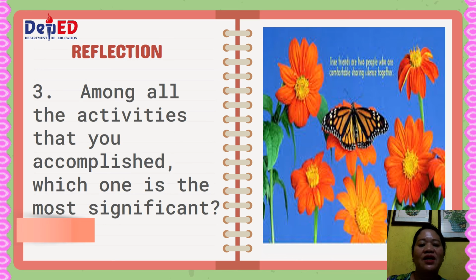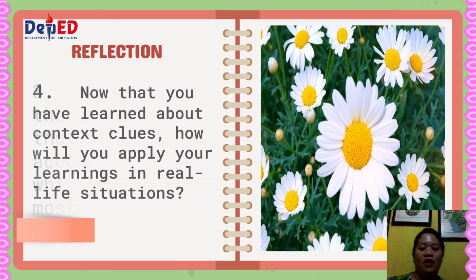For number 3, among all the activities that you accomplished, which one is the most significant? And for the last number, now that you have learned about context clues, how will you apply your learnings in real life situations?